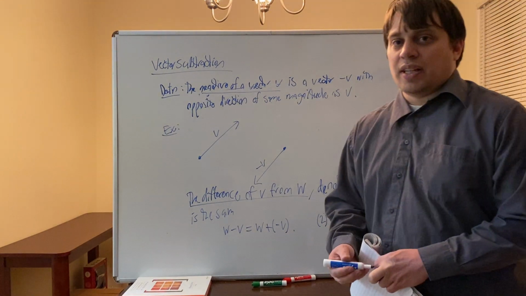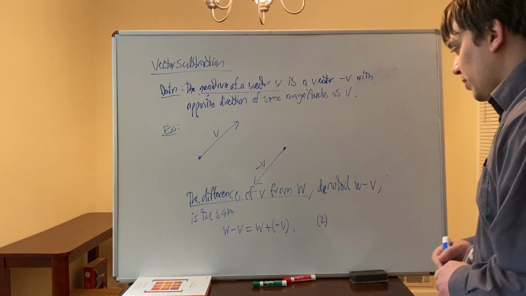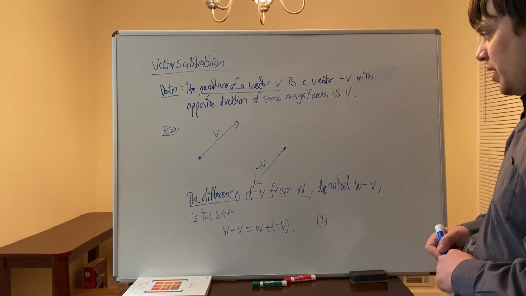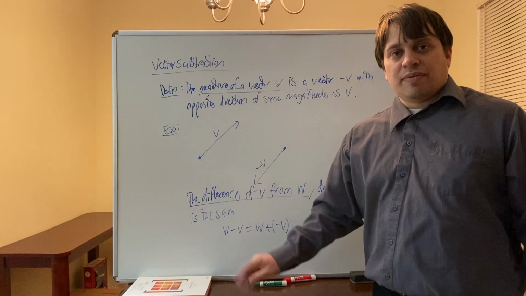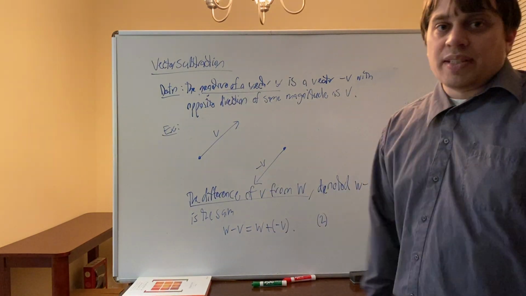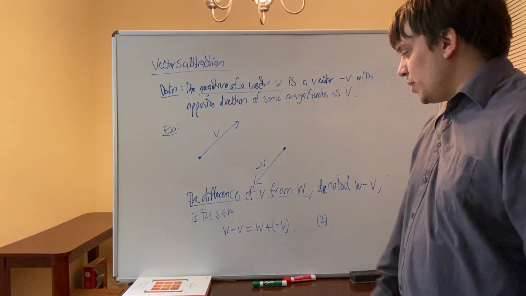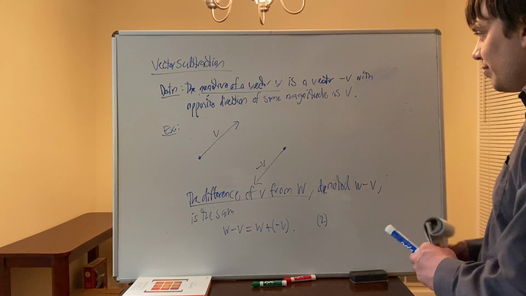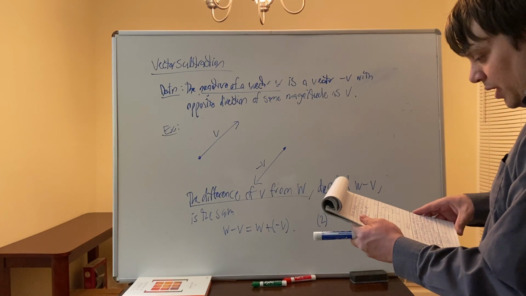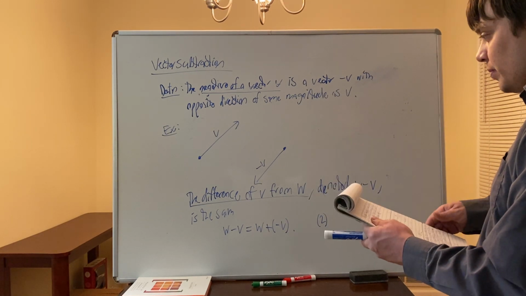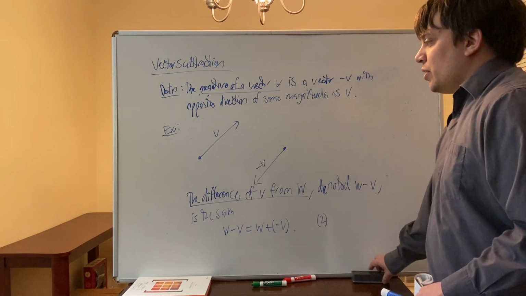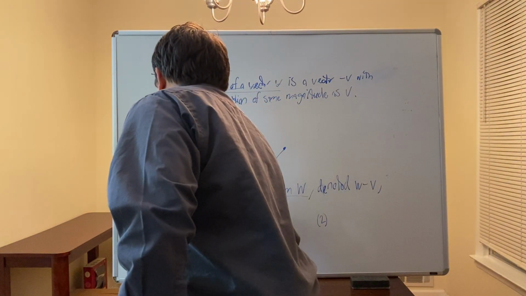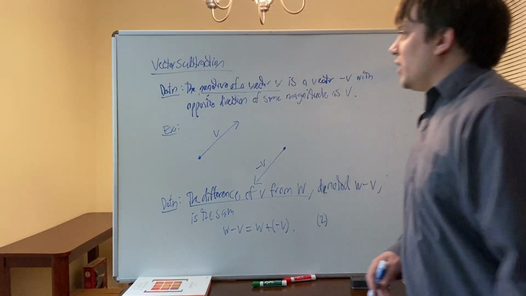We're building on addition and getting subtraction. So W minus V equals W plus negative V. Now that we've defined the negative of a vector, we can add the negatives of vectors. So when you subtract a vector, you're adding its negative. That's the definition of vector subtraction.